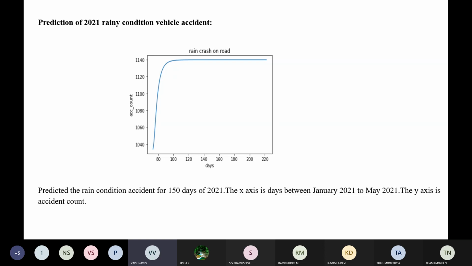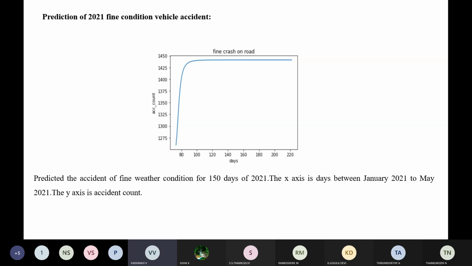Here we have predicted the 2021 vehicle crash due to rainy condition, predicted till the month of May. The y-axis represents the total accidents and the x-axis represents the days. The same here for fine condition: the x-axis represents the days and the y-axis the count of accidents for May 2021.